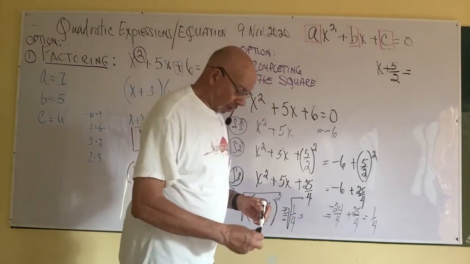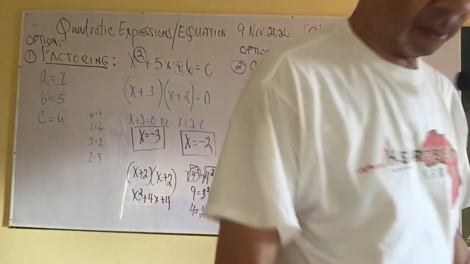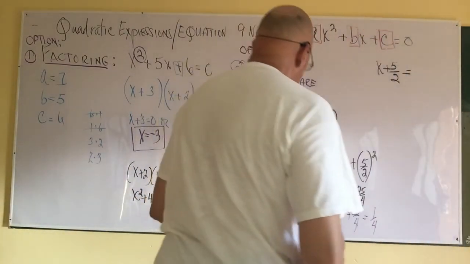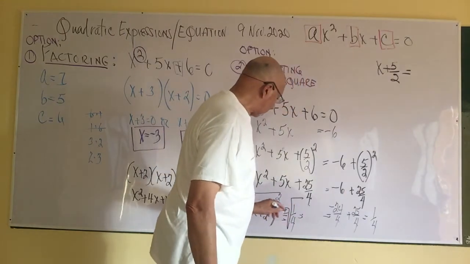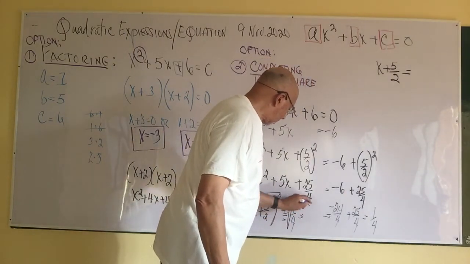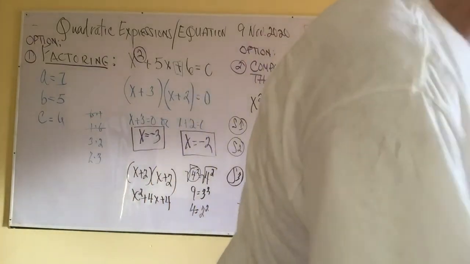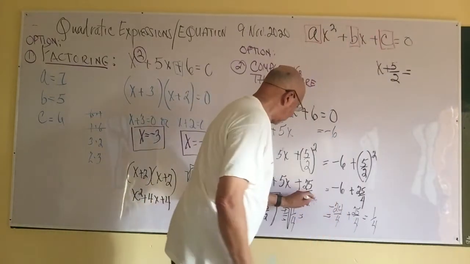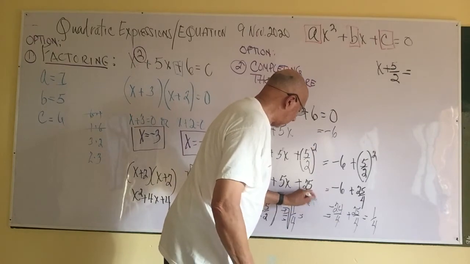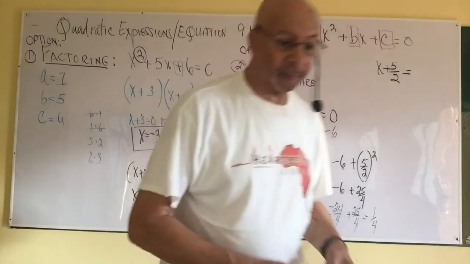Here's the first trick you want to see if you can follow me. So when you have the square root of a fraction like this, I'm going to put a little color. It's not coming out the color I want.